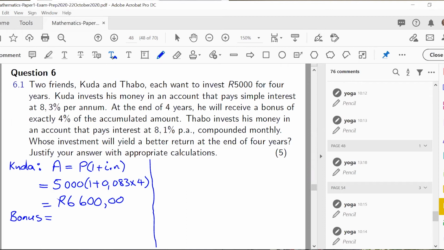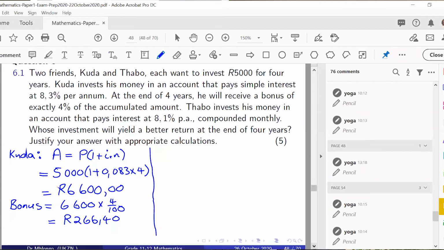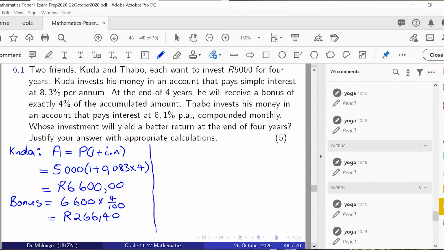Bonus will be 6,600 multiplied by 4%, which is 4 over 100. Now that will give us 266 rand 40. Now we need to add this amount on the total return.